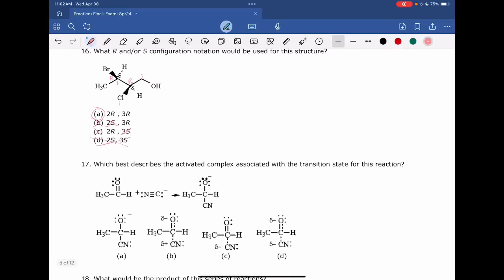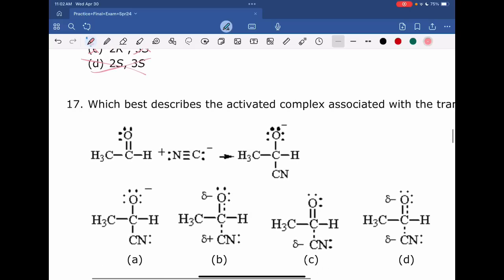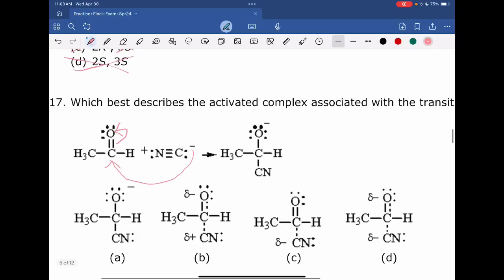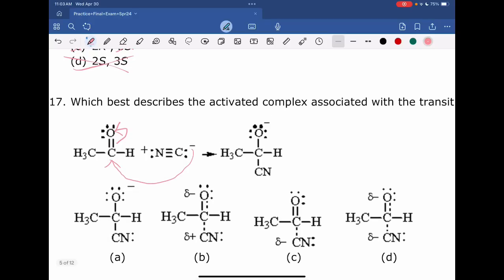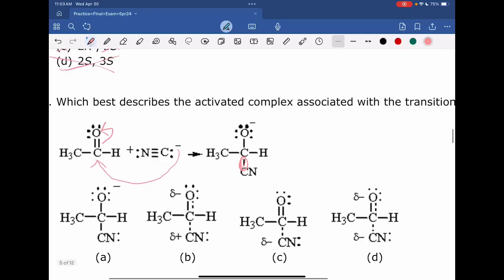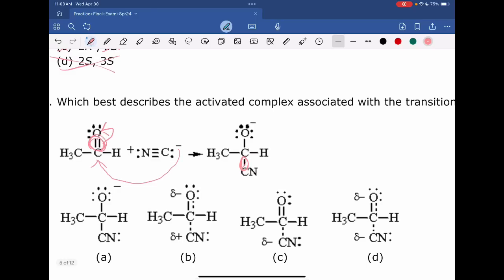Transition state. Okay, so for this one, we know that what's going to happen here is the nitrile attacks this carbon, breaks the carbonyl, and gets you to the product, which is drawn here. So you are in the process of making a single bond and in the process of breaking a double bond.